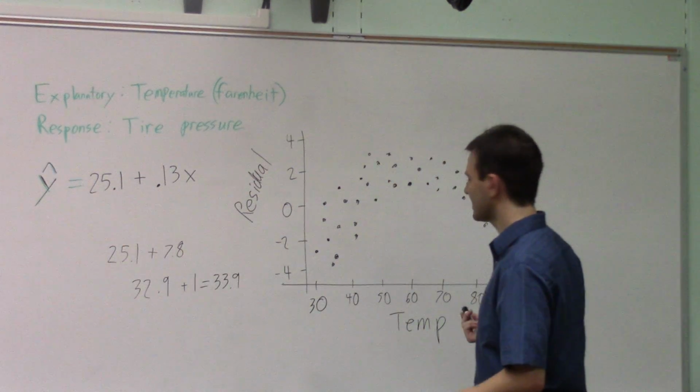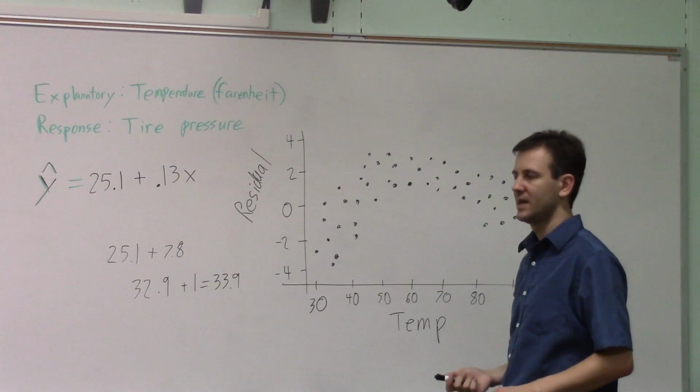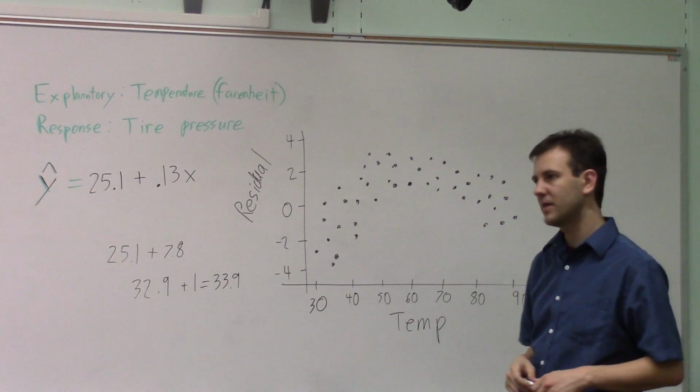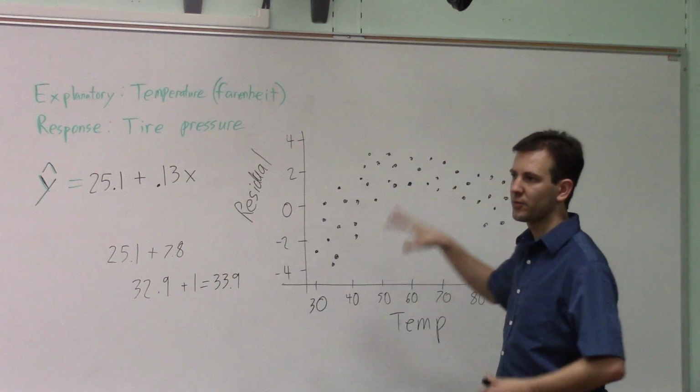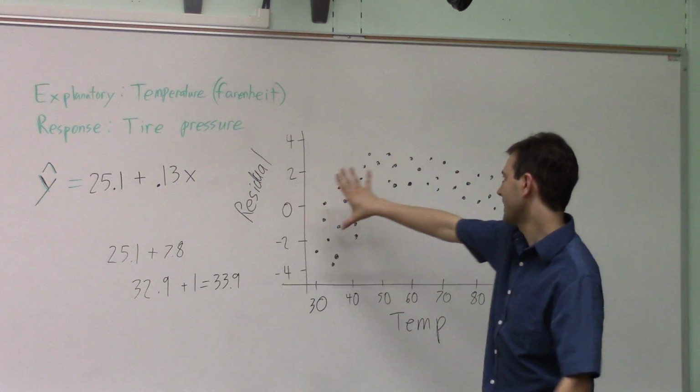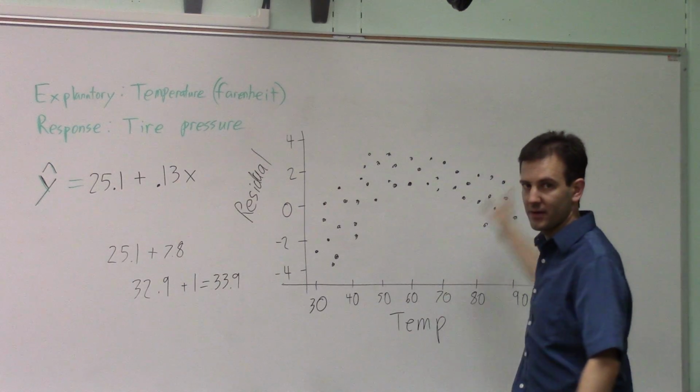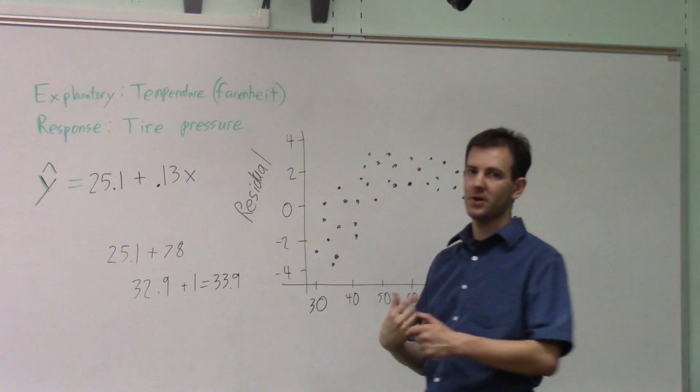And then we noticed that there was a pattern there. And here's what I mean by a pattern there. If you have a proper residual plot, there should not be any sort of real shape. It should just be straight across, dots both up and down, without any sort of curve to it.